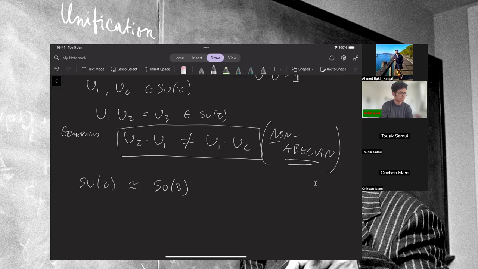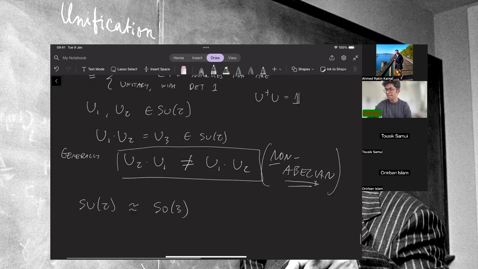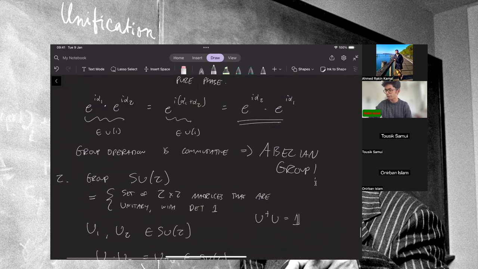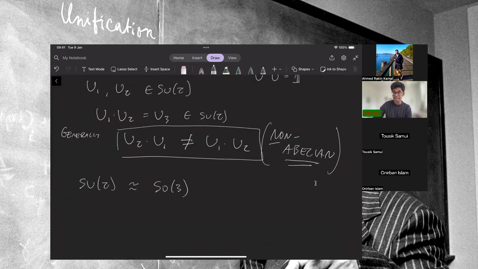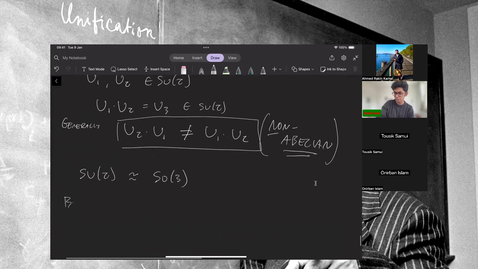Okay. So what we did in the first half of today's lecture was we built a gauge theory for the abelian group U1. Now it turns out that you can build a gauge theory for any group. Okay.